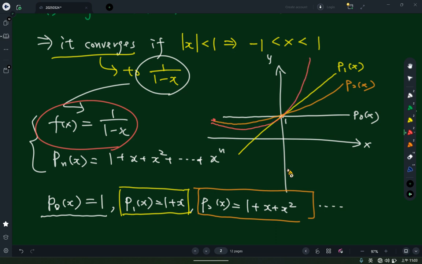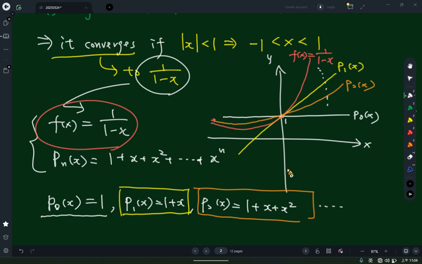This is f of x is equal to 1 over 1 minus x. So we still have many, right? P1, P2, P3, many functions. But as we consider more terms for Pn of x, you will find the curve keeps getting closer to this function. You understand that? It's just like an approximation.